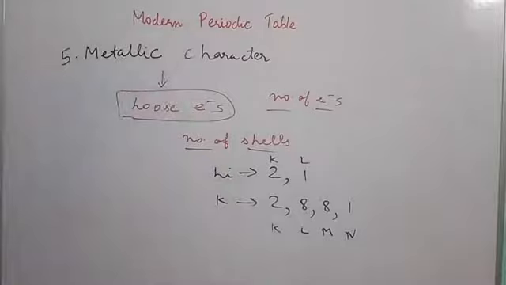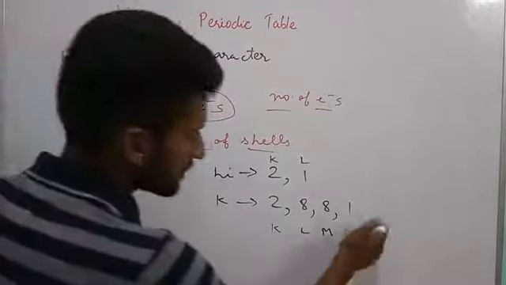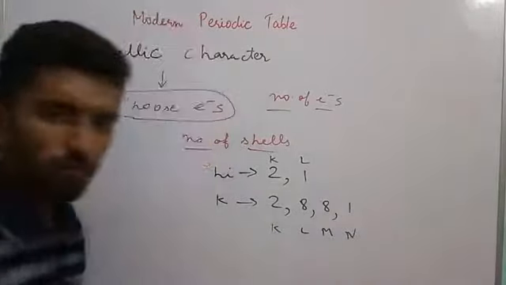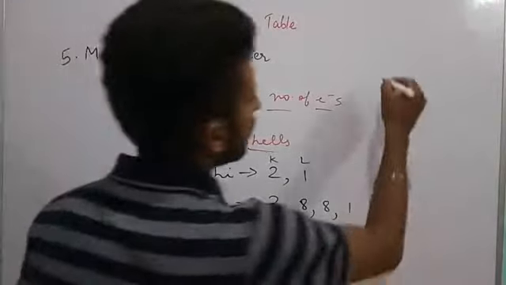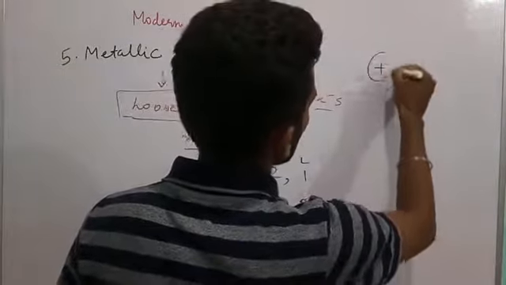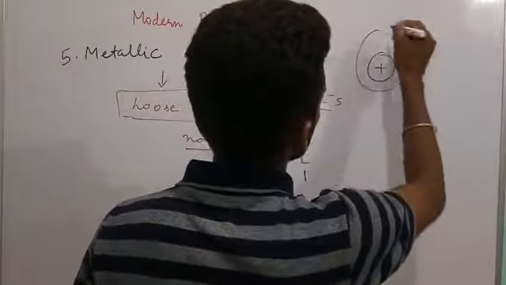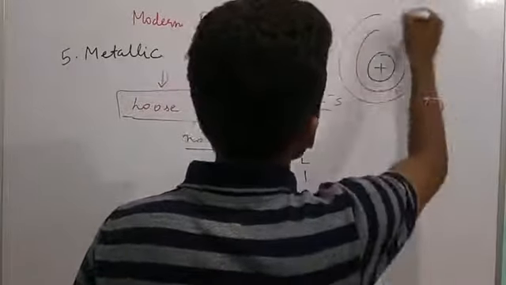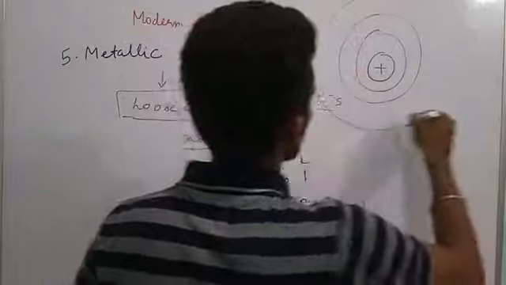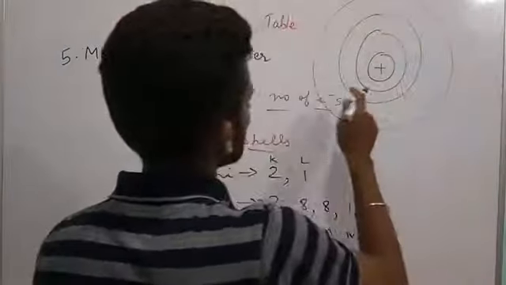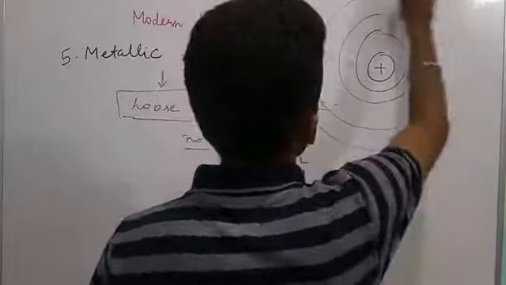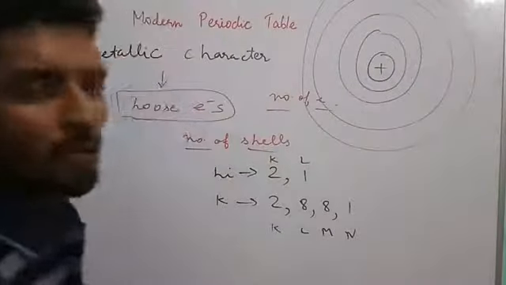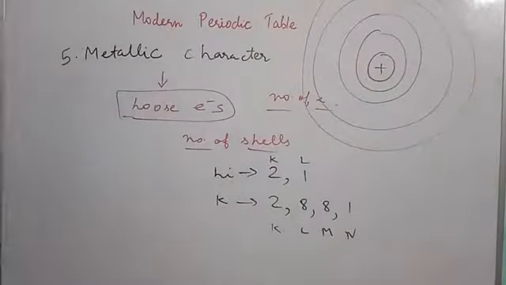So if more shells are there, it means the distance of this very electron, outermost electron, that will be more. And if distance of the outermost electron is more, what will be there? Naturally, there will be less attraction, and if attraction is less, the electron can be lost very easily.